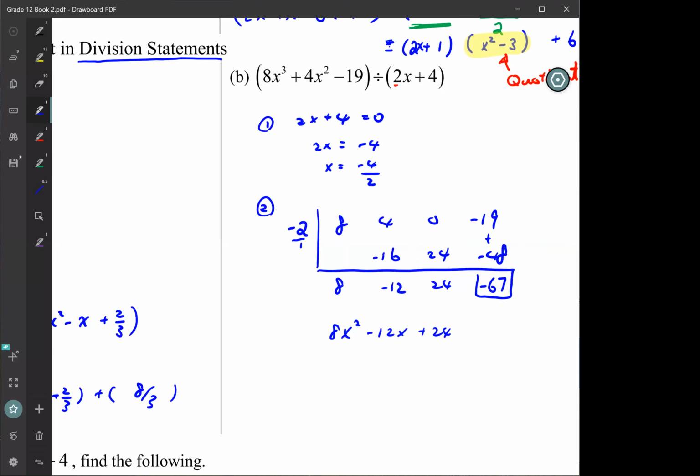So it's better to just focus on the original coefficient. If you see a coefficient of 2, sometimes you can reduce it and then it's gone. So the divide by 2 came from the coefficient of the divisor. So your real quotient should be 4x squared minus 6x plus 12.